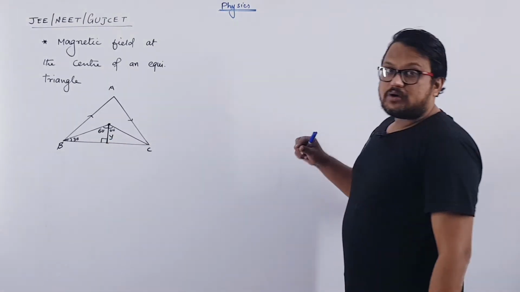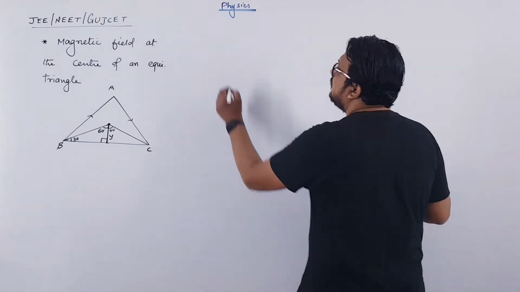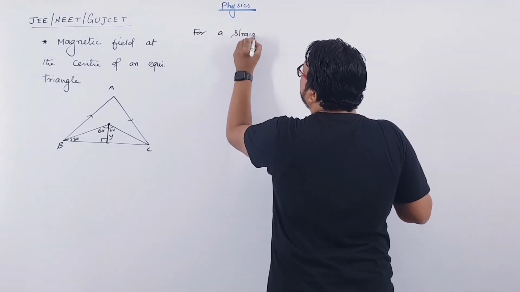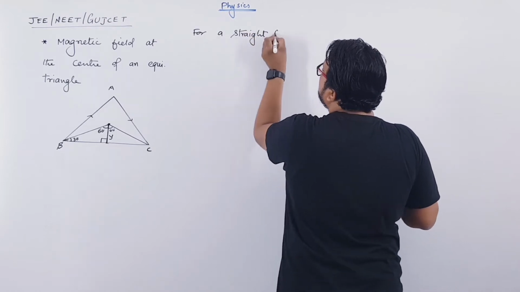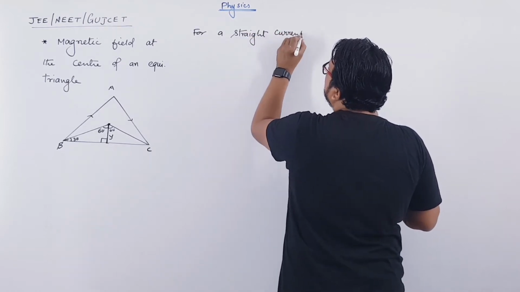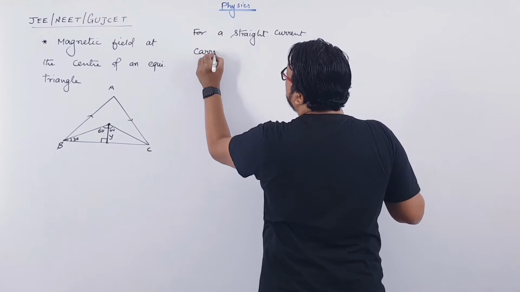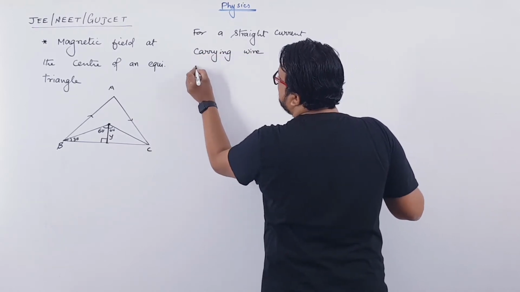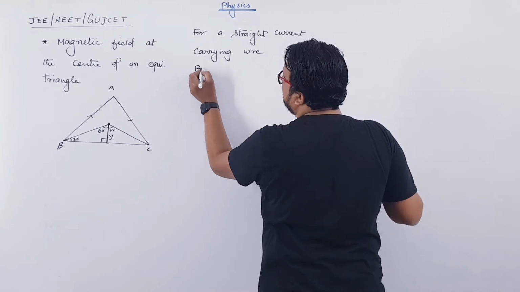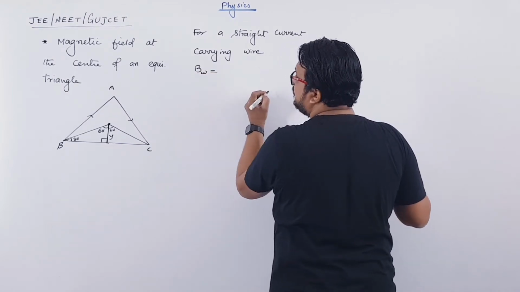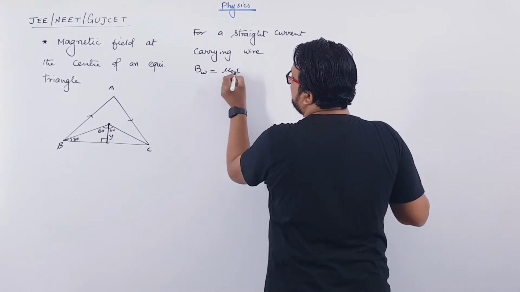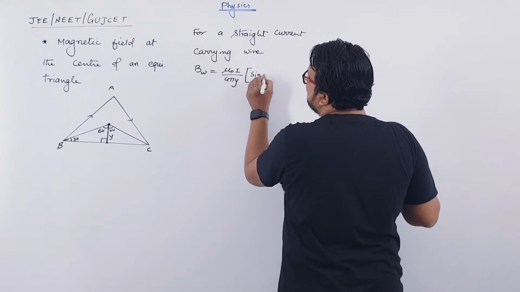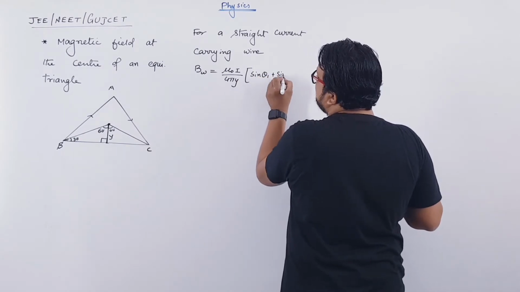What is the formula for a current carrying wire? For a straight current carrying wire, B wire will be equal to mu naught I over 4 pi y into sine theta 1 plus sine theta 2.